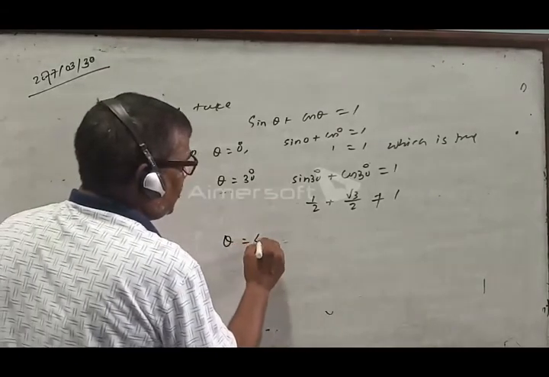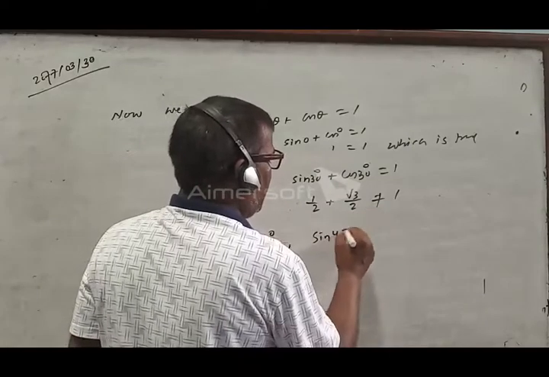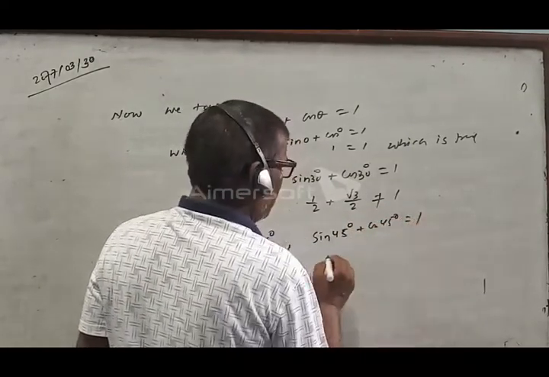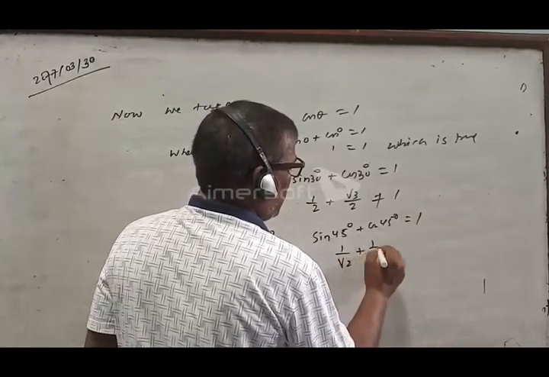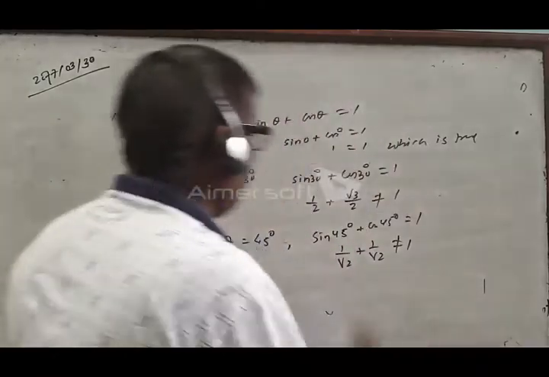Also theta is equal to 45 degree. This means sin 45 degree plus cos 45 degree is equal to 1? 1 by root 2 plus 1 by root 2 is not equal to 1. This means our proof is not complete.